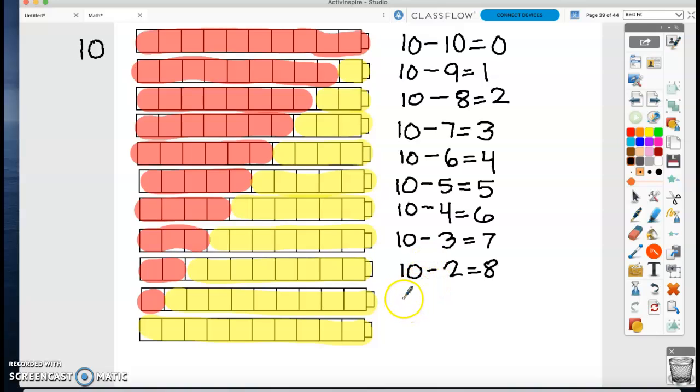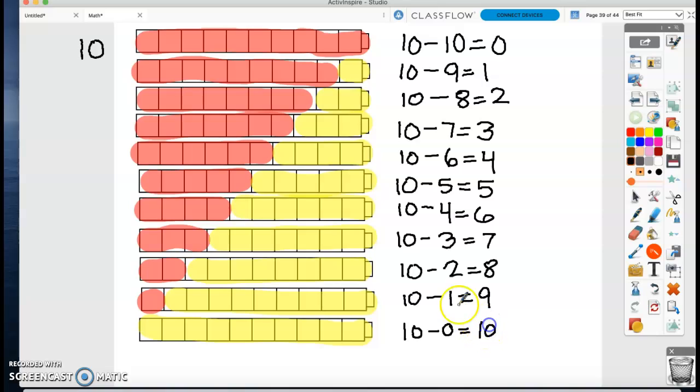How many do we have altogether? 10 minus how many red? 1 equals how many yellow? 9. Last one. How many altogether? 10 minus how many red? There are no red, so that's 0 equals how many yellow?